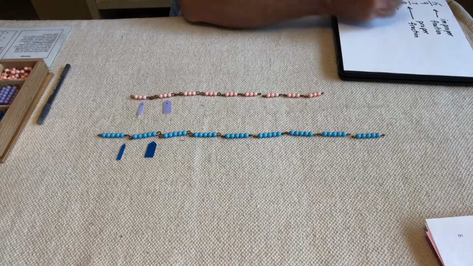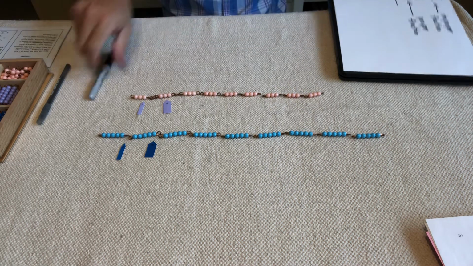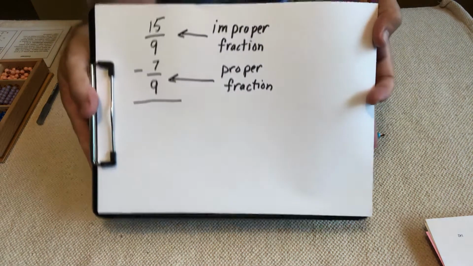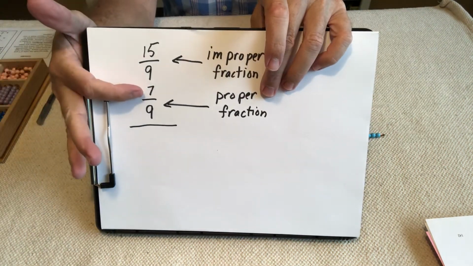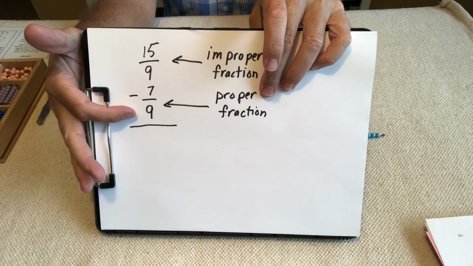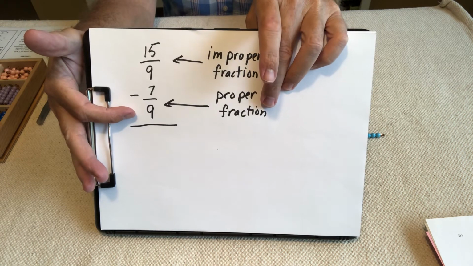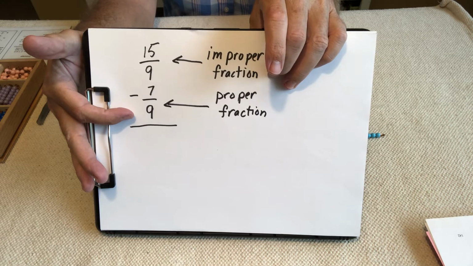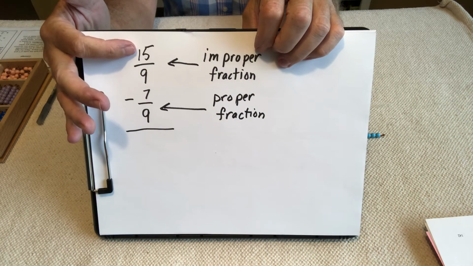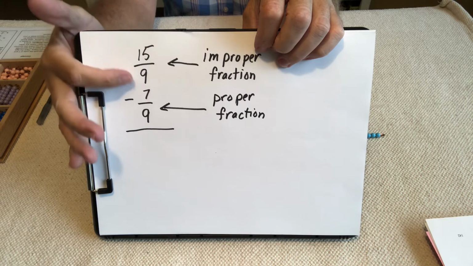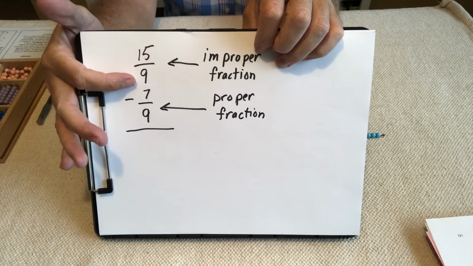So if a fraction is like most of the fractions that you've seen up until this point, if the numerator is smaller than the denominator, so 7 is smaller than 9, like that, that's called a proper fraction, okay? It's proper. And if the numerator is larger than the denominator, like it is here, see how 15 is bigger than 9?